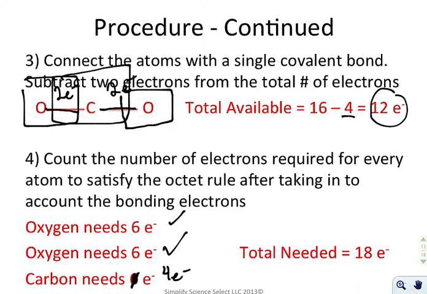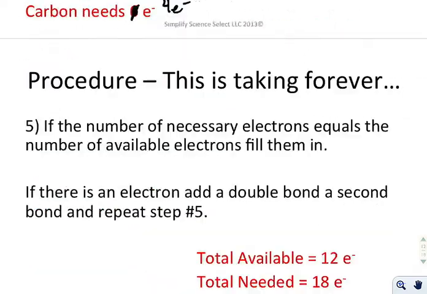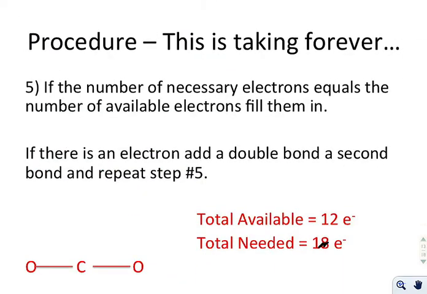So there's a total of 16 electrons required, but I only have 12 electrons actually there. If I need 16 electrons and I only have 12, I want to add a double bond.